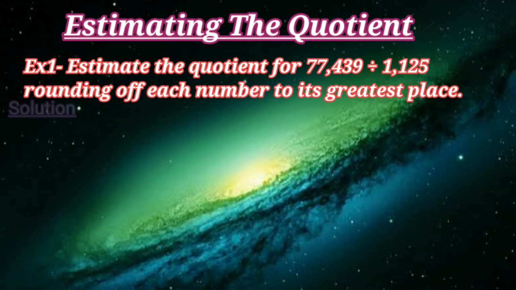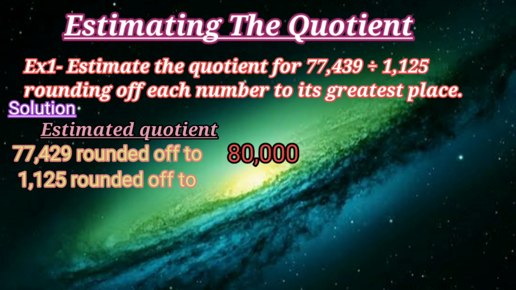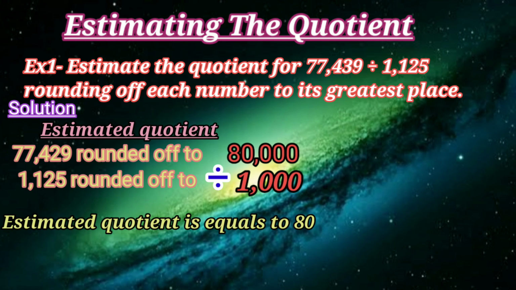Now, the number 77,439 rounded off to the nearest 10,000, we get 80,000, and 1125 rounded off to the nearest 1000, we get 1000. Hence, the estimated quotient is equal to 80,000 divided by 1000, which is equal to 80.